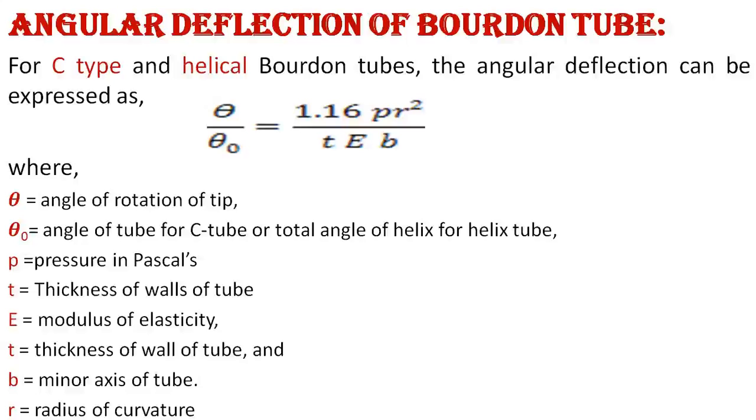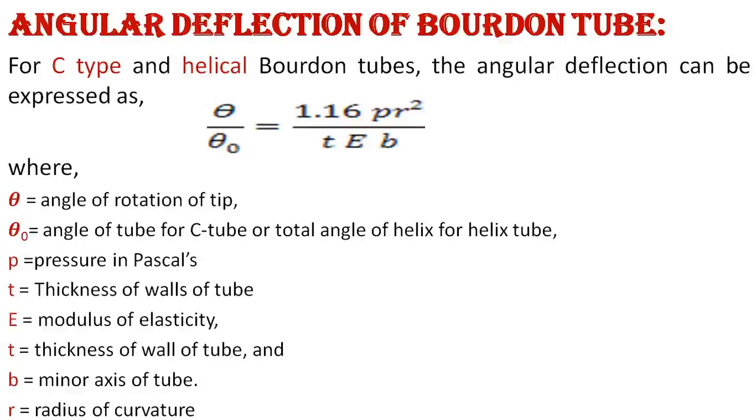That angular deflection can be expressed as theta upon theta 0 is equal to 1.16 P R squared upon T E B. Where theta is the angle of rotation of the tube, theta 0 is the angle of the tube for a C tube or total angle of the helix for a helix tube, P is the pressure in Pascal, T is the thickness of the wall of the tube, E is the modulus of elasticity, B is the minor axis of the tube, and R is the radius of curvature.